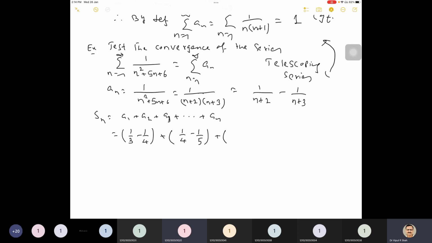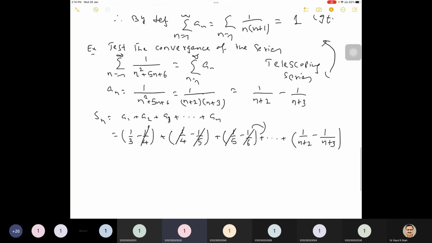Same way, a3 is 1 by 5 minus 1 by 6. And so on. an is 1 over n plus 2 minus 1 over n plus 3. And you can see that these terms will be getting cancelled, and it remains only 1 by 3 minus 1 upon n plus 3. Agree?